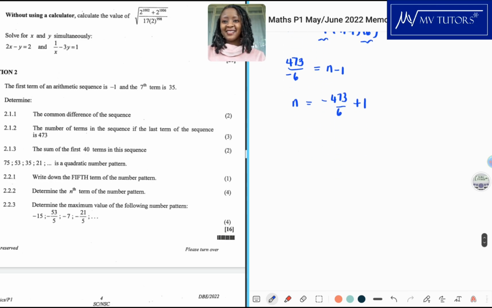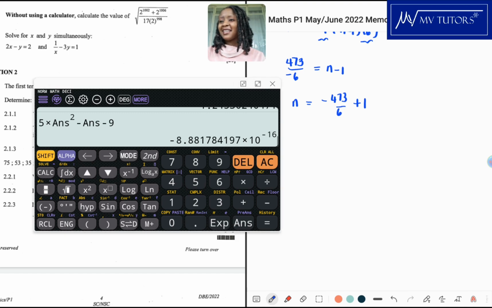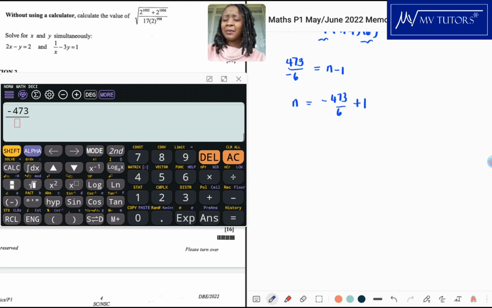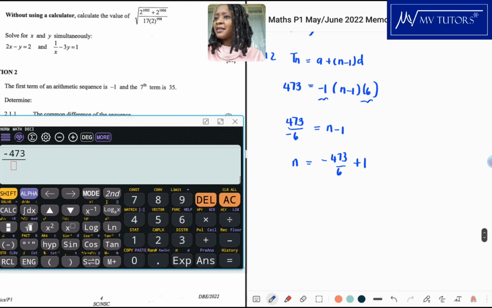And guys, in this case, you cannot be getting a fraction of n. It should be a whole positive number. So if we get a fraction here, then I did something wrong. Okay, we have 473 over 6, and it does look like I did something wrong. My goodness.